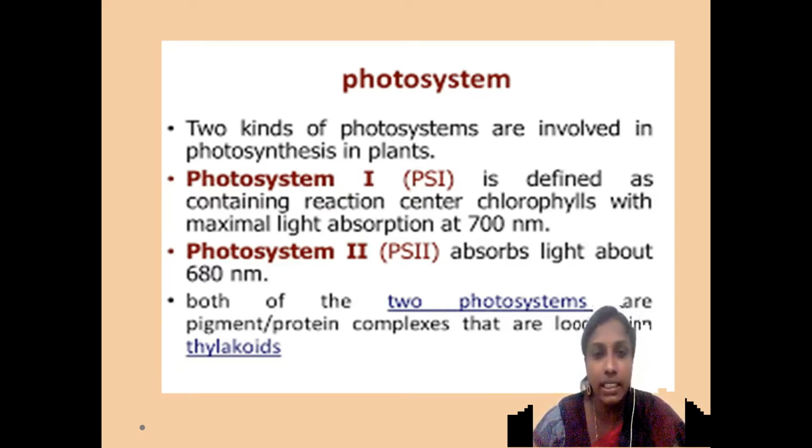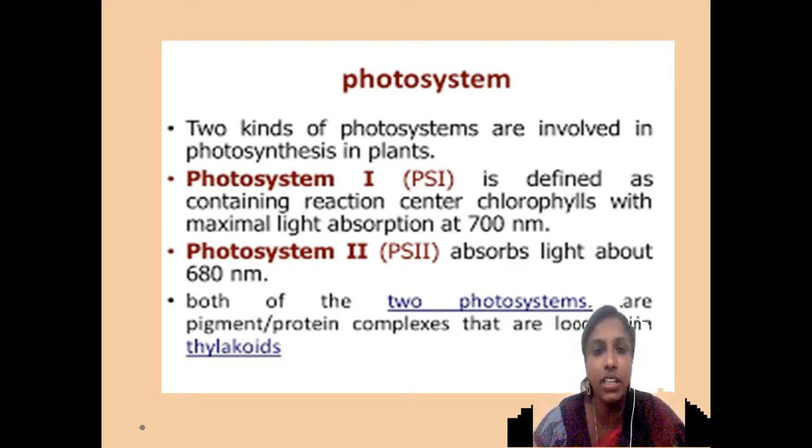Now, as I said, there are two types of photosystems on the thylakoid membrane. One is photosystem 1, the other is photosystem 2. The difference between photosystem 1 and photosystem 2 is the absorbance of the light rays. We all know that light is absorbed by each pigment at different wavelengths.